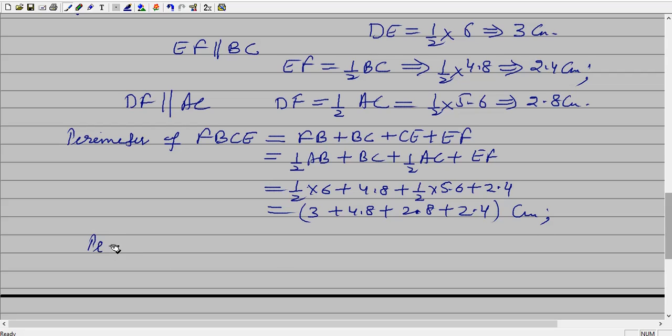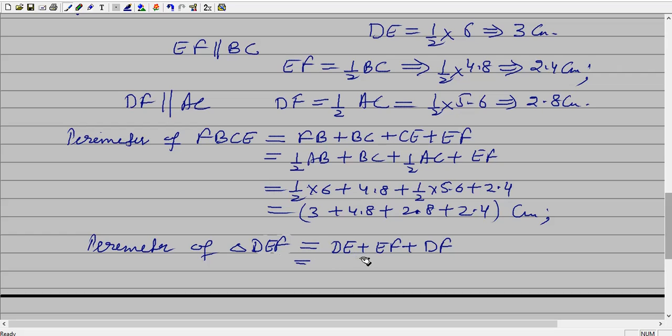And the perimeter of triangle DEF is DE plus EF plus DF.